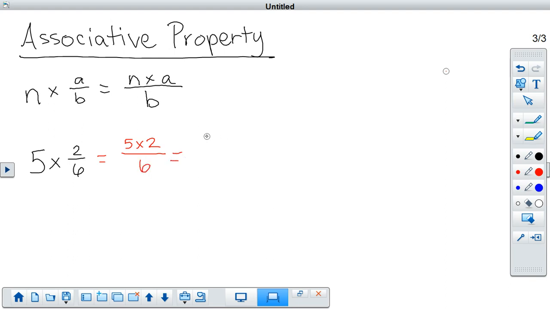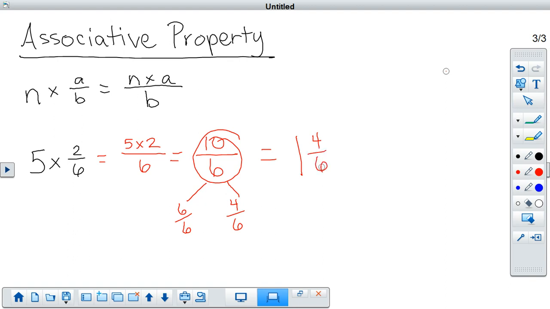So 5 times 2 equals 10. My denominator stays the same as 6. And once again, we can do our number bond, pull out the whole 6/6, and I'm left with 4/6. So my final answer would be 1 and 4/6. So that's the gist of the lesson today.